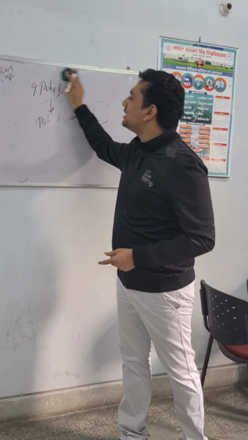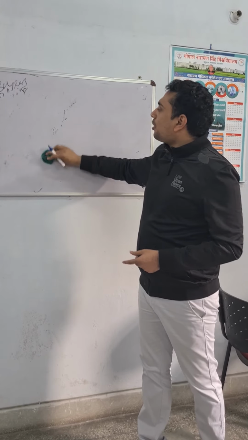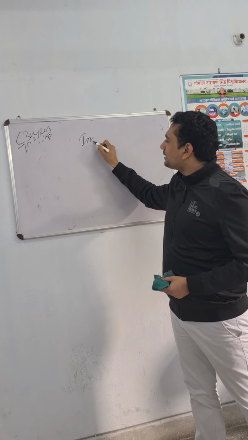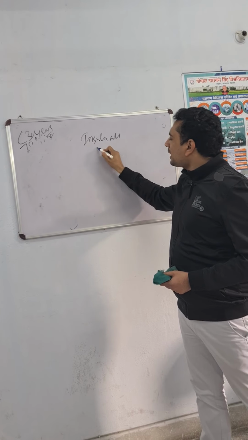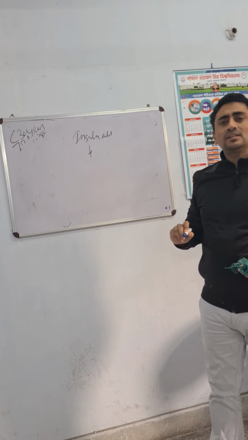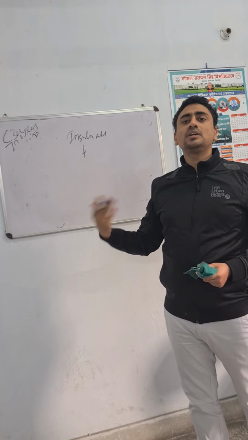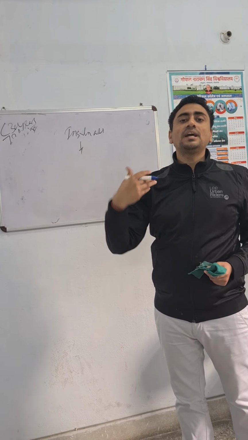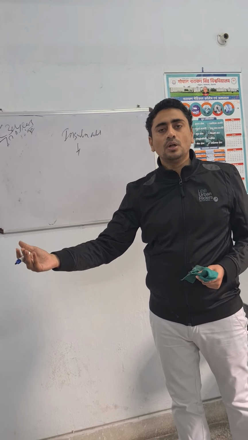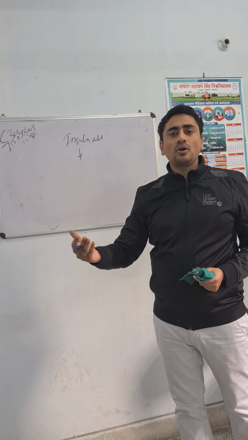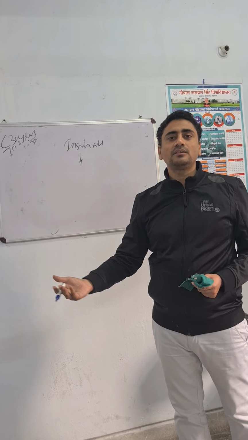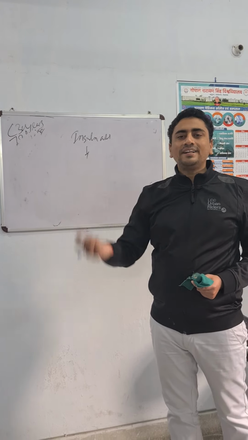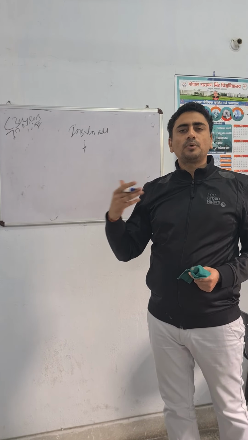Why is there polyphagia? Meaning increased hunger. Obviously, if insulin is absent, our tissues are not able to use glucose as a source of energy, because insulin is required. Insulin plays a very important role in utilization of glucose by peripheral tissue. So these peripheral tissues, like skeletal muscle or cardiac tissue or white adipose tissue, are not able to utilize glucose. They are not able to perform glycolysis.